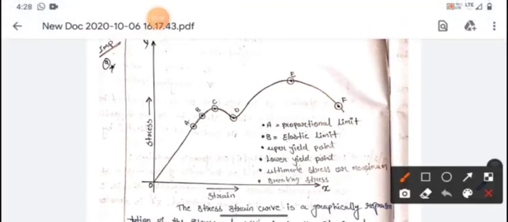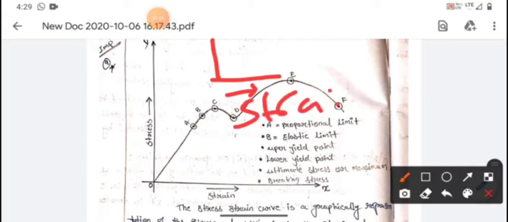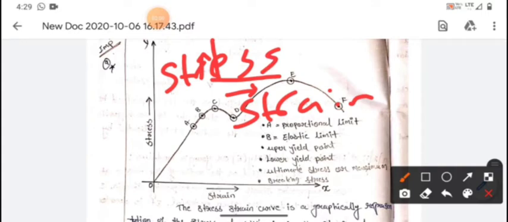Here the x-axis and y-axis are drawn. Along the x-axis they have shown the strain. This is very important. Along the y-axis they have shown stress.